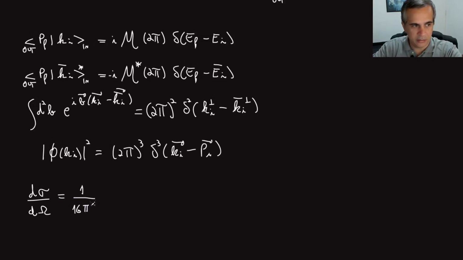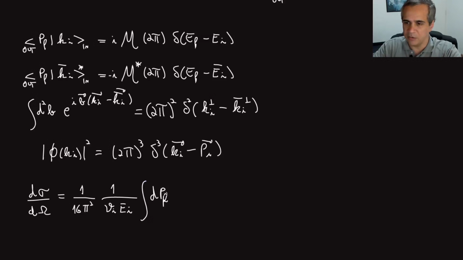1 over 16 pi squared. All these factors come from using all these deltas. vi, Ei, where i means initial, so this is the initial speed and the initial energy of the electron. And this is the integral over the module of the momenta.